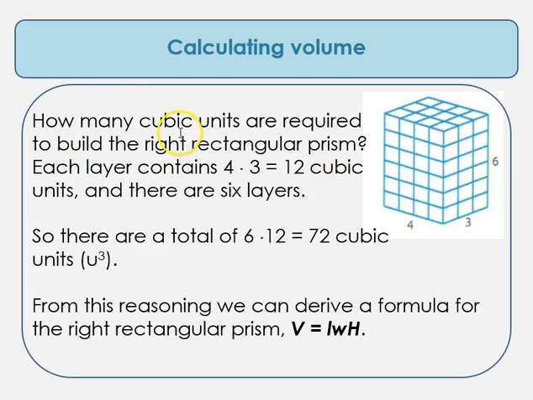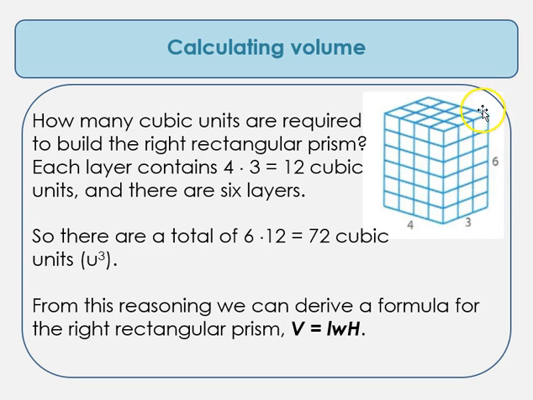How many cubic units are required to build the right rectangular prism? Each layer contains 4 times 3, or 12 cubic units, and there are 6 layers. So each one of these layers, here's layer 1, has 12 cubic units. Layer 2 has another 12. Layer 3 has another 12, and so forth. And there are 1, 2, 3, 4, 5, 6 levels.